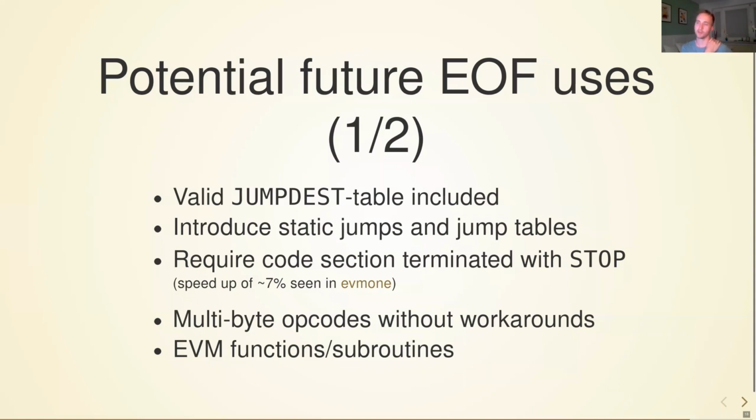But what Alex almost touched on is that in the first version we separate code and data, but still the JUMPDEST analysis has to be done on the code section. So we limit the size of the JUMPDEST analysis, but what could be possible in future changes is to actually encode something like a JUMPDEST table.